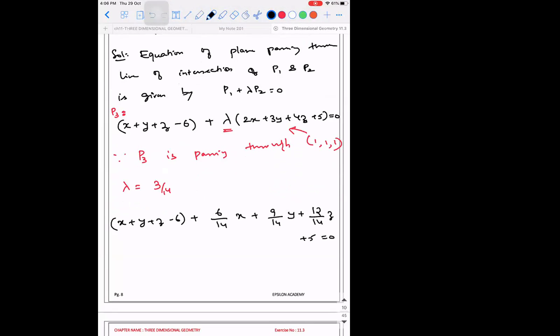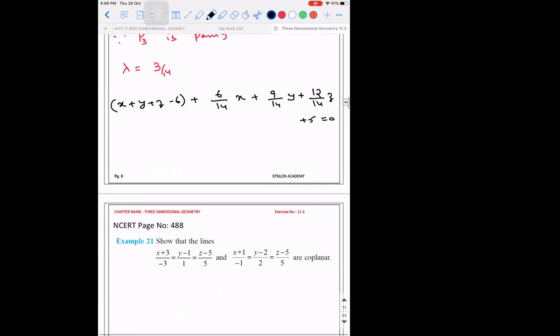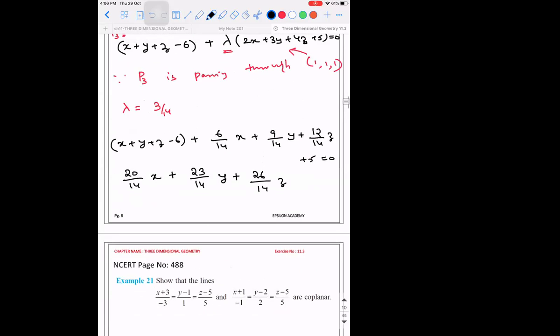So collect all the terms and tell me. It will be 20 by 14x plus 23 by 14y plus 26 by 14z.